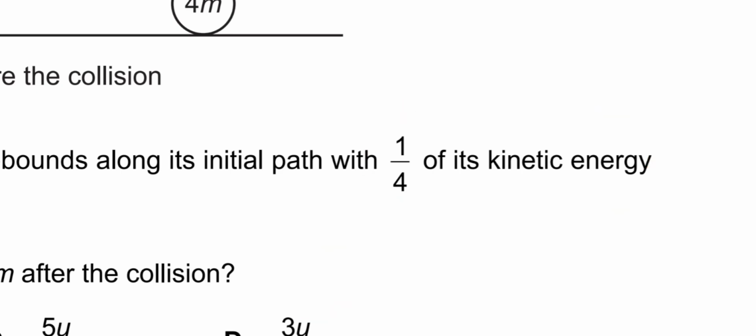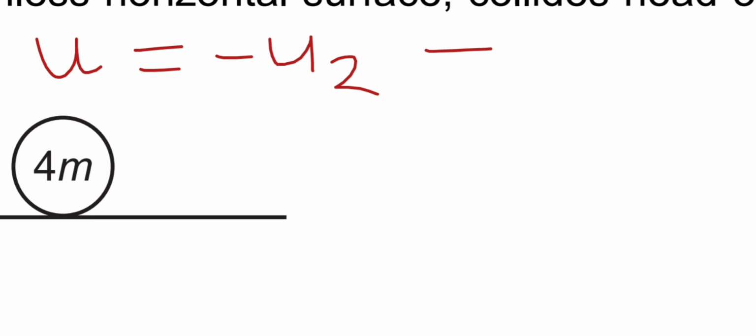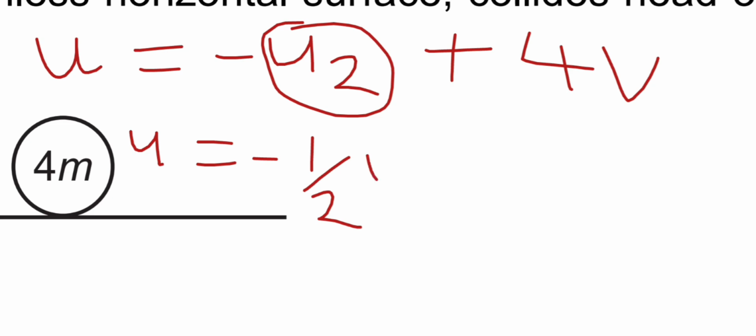Okay? So if we were to go back to our initial question, that would mean that before the collision, we had established this relationship: u is equal to negative u2 plus 4v. So after the collision, this is half. So u is equal to negative half of u plus 4v.